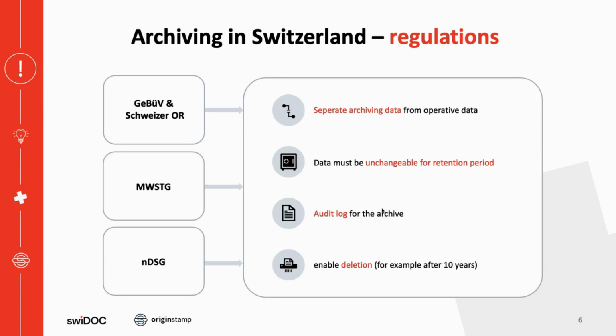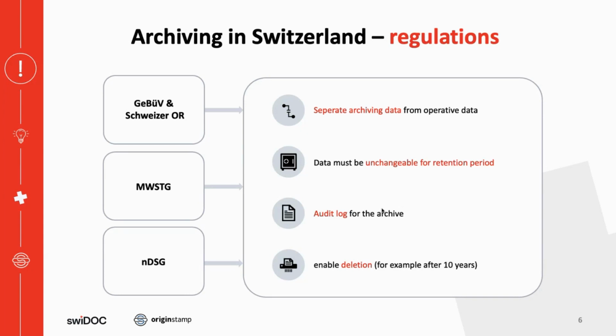And this is not only a very big security concern, it's also a big concern related to the tax regulations. If I have a tax revision, I have to be able to prove that I have not changed an invoice connected to a booking up to 20 years after that invoice was issued.